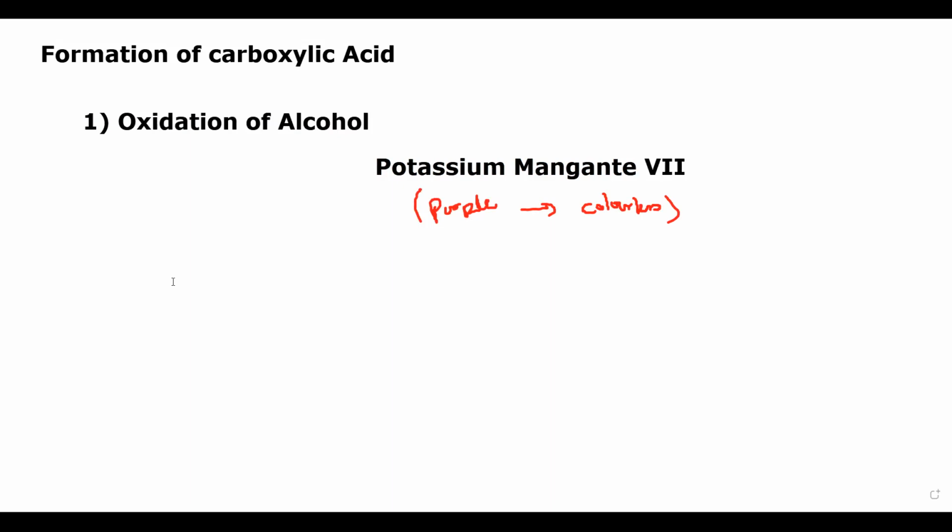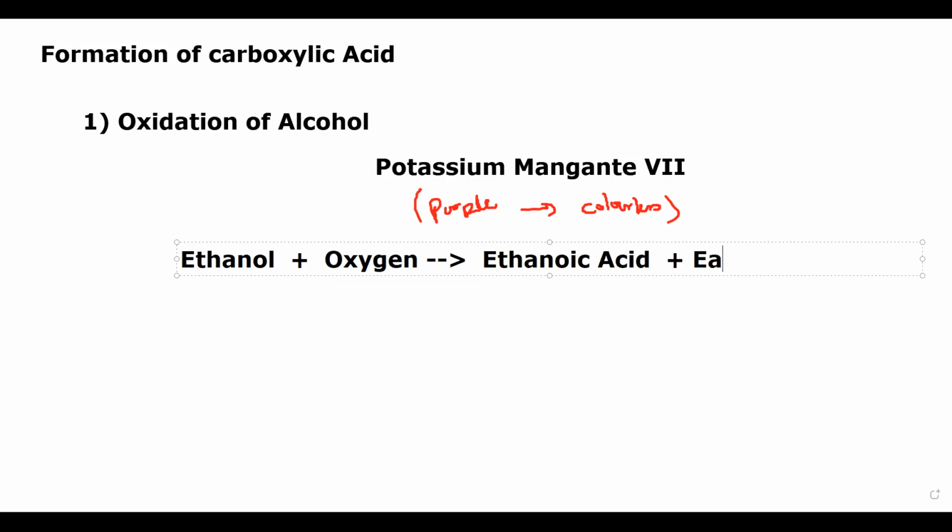So whenever we have any alcohol, like ethanol, if it is oxidized, oxidation means addition of oxygen. So ethanol plus oxygen, the oxidation reaction, what does it result in? This will result in a formation of ethanoic acid plus water as the product.